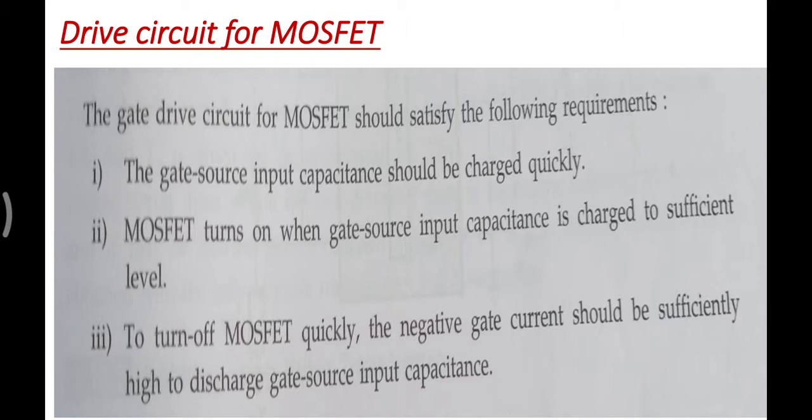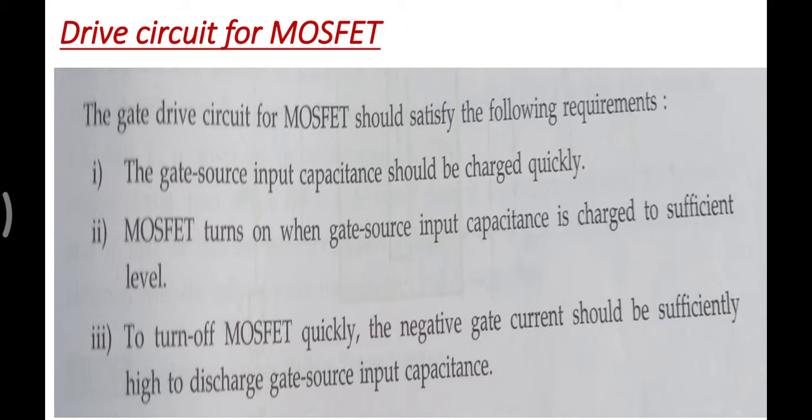We are using capacitors in the driving circuits. The capacitors used in these circuits must be designed for sufficient levels. Sufficient level means how much current is required to turn on the MOSFET.